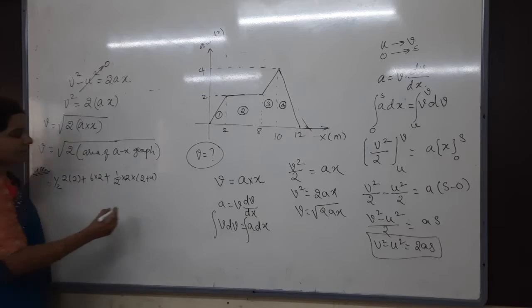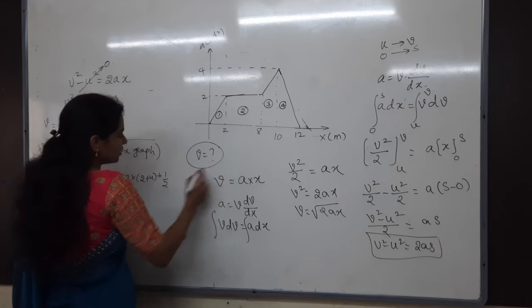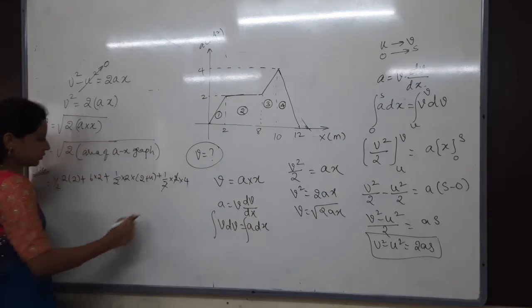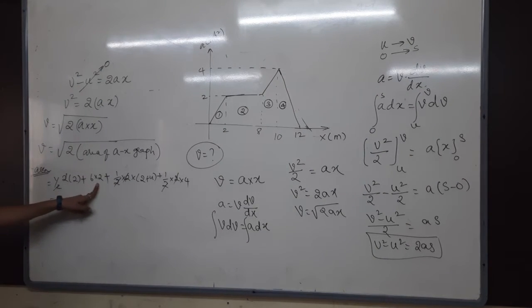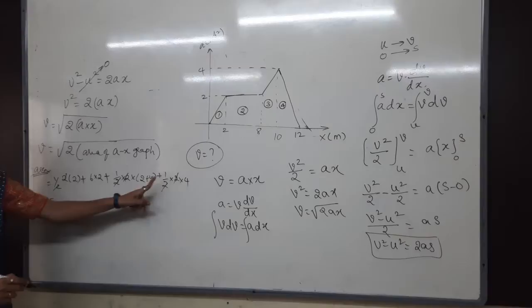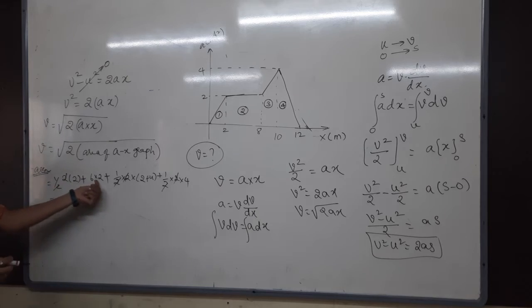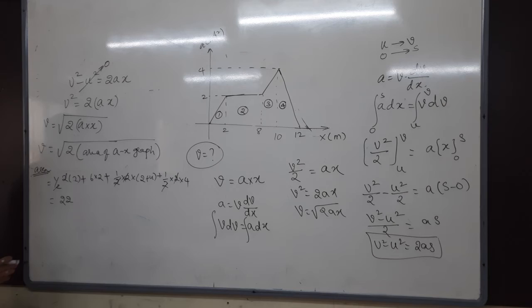Then plus the triangle again: half into base 2 into height 4. The 2 gets cancelled. So 2 plus 12 plus 18 plus 4. How much will that be? 2 plus 12 is 14, 14 plus 6 is 20, 24.